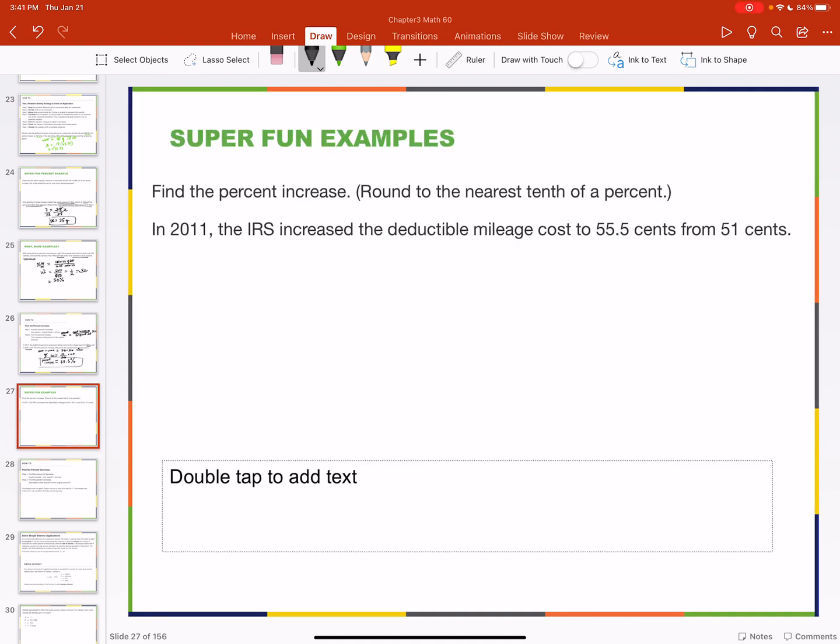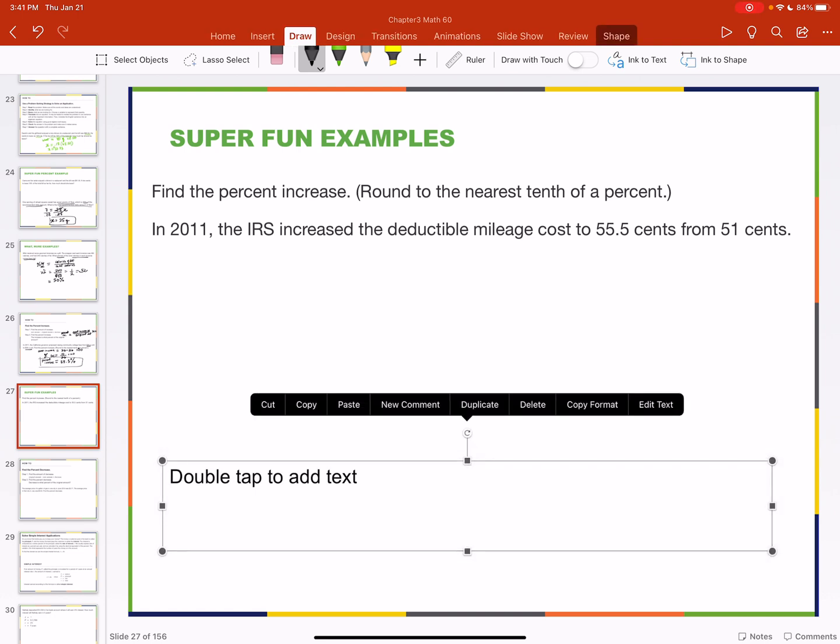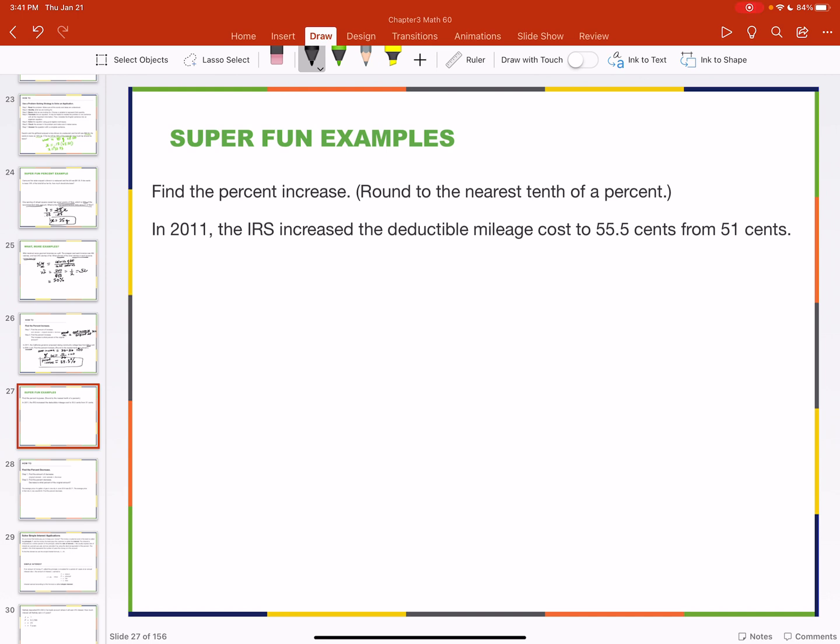All right. Let's do another one. In 2011, the IRS increased the deductible mileage costs to 55.5 cents from 51 cents. So this is the new, this is the original, okay? So what's the amount increase? It's new minus original.